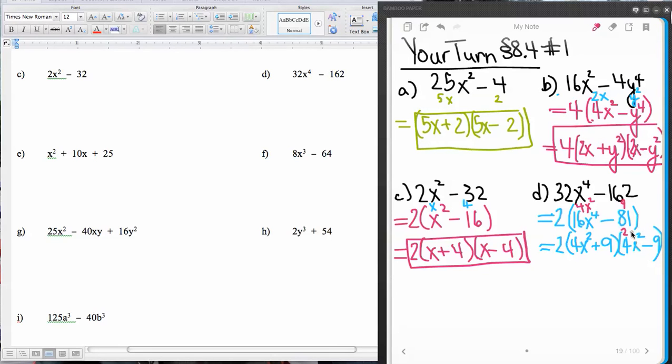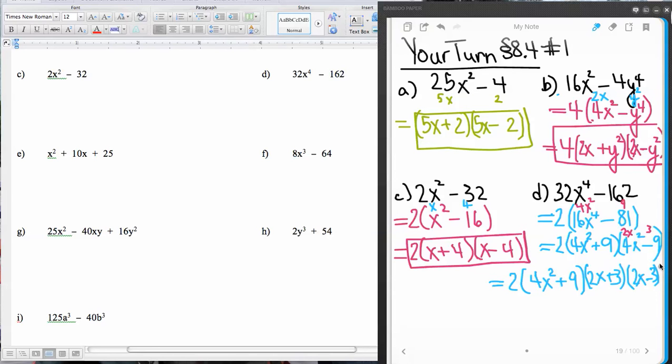So I need the roots here and the root here, and then I'm going to form conjugates again. So here I have 2 times 4x squared plus 9. Remember, the sum of two perfect squares does not factor unless there would be a GCF, which there's not. And then I need a 2x plus 3, and I need a 2x minus 3. And now finally I'm done with that one.